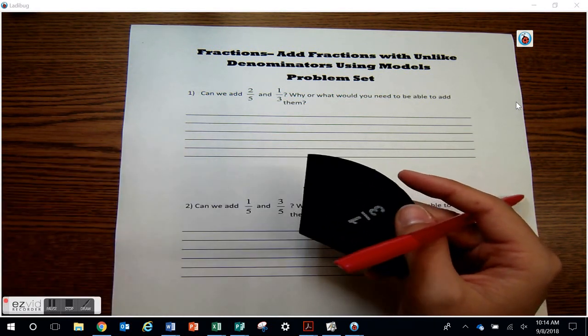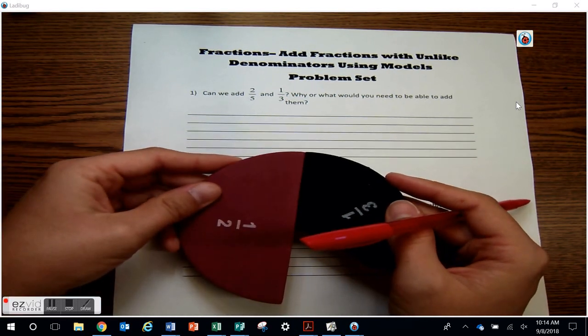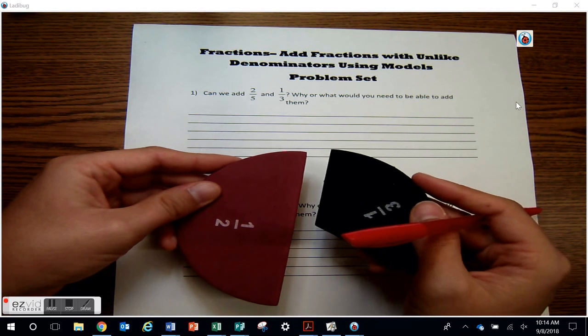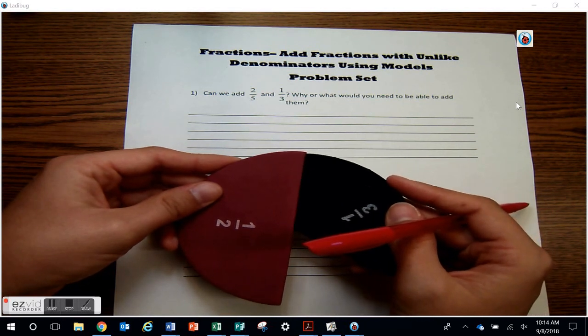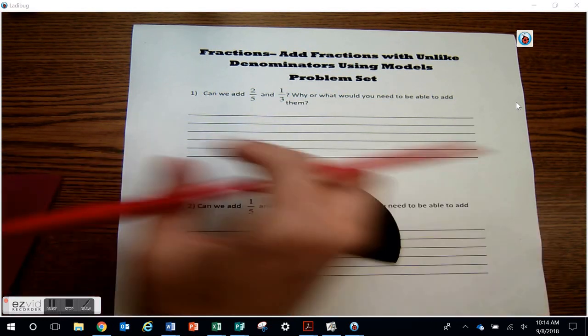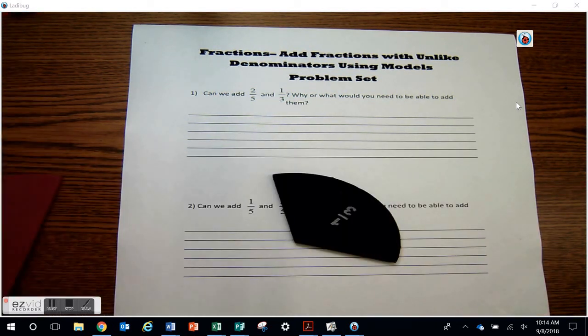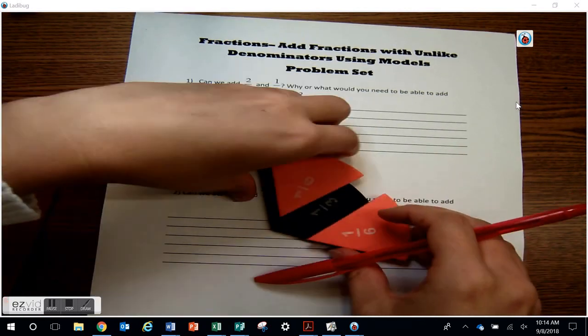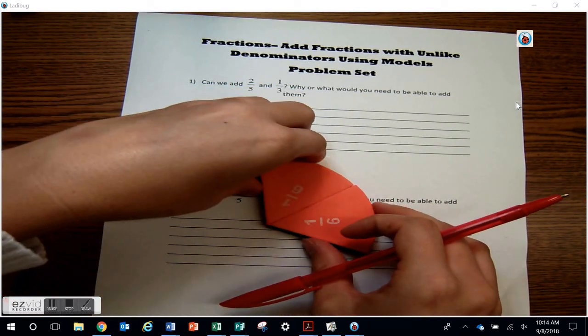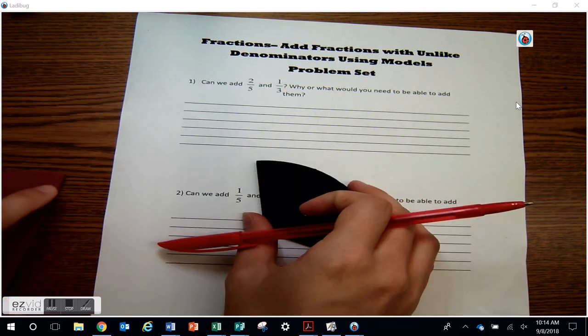Well, what if we start off and they're not the same size pieces? Then we can replace them with other pieces, but not change the value. They're the same value. They just look a little differently, so we can do our addition.